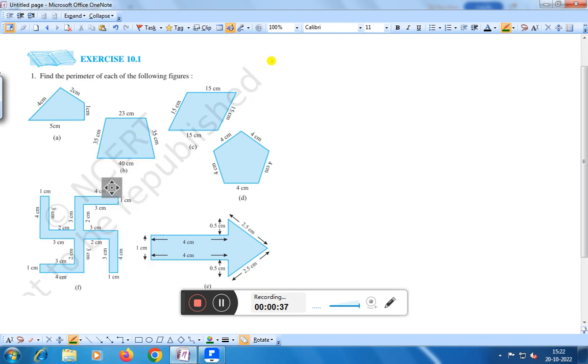Let us find the perimeter of question number A. Perimeter is equal to the sum of all the sides, that is 4 centimeter plus 2 centimeter plus 1 centimeter plus 5 centimeter, right?